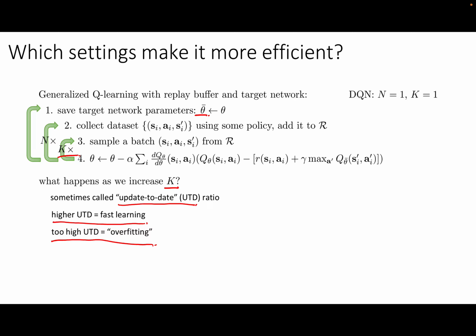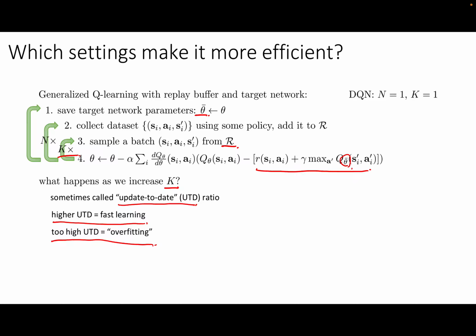Because given the replay buffer, the target is fixed, and the target is fixed because theta bar is fixed in this inner loop. So the network can be overfitted to this theta bar, right?